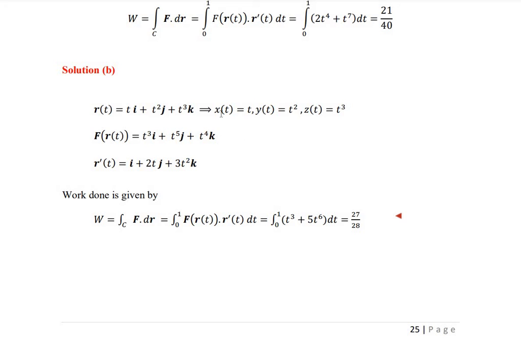So we substitute x, y, z in this vector F. And what is vector r dash of t? When you take the derivative, you will get this one. And therefore work done, integral over c of vector F dot vector dr, and t varies from 0 to 1, right? So when you substitute this one, you will get the answer as 27 divided by 28.